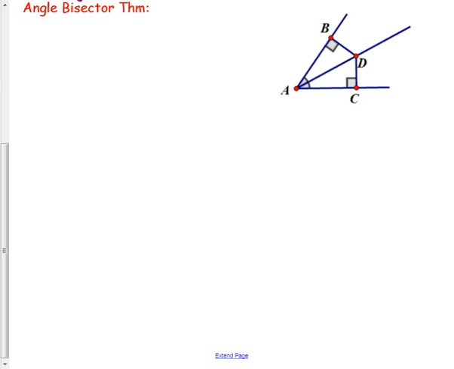All right, the angle bisector theorem. It reads, a point on the angle bisector is equidistant to the sides of the angle. So we have here an angle with the angle bisector already drawn, and we say that if the ray AD bisects angle ABC, then D is equidistant to the sides.